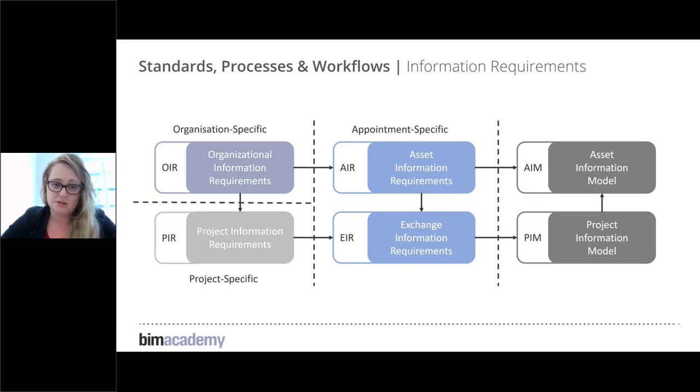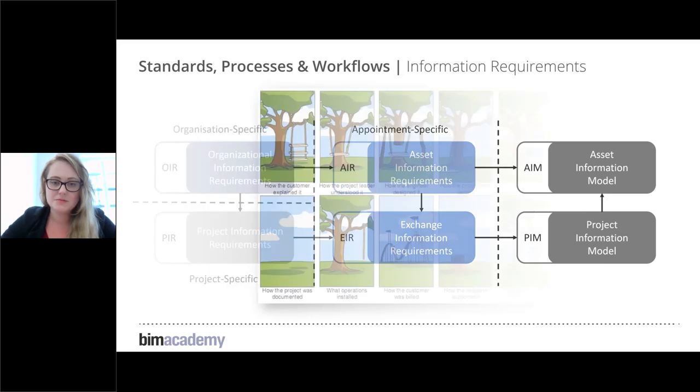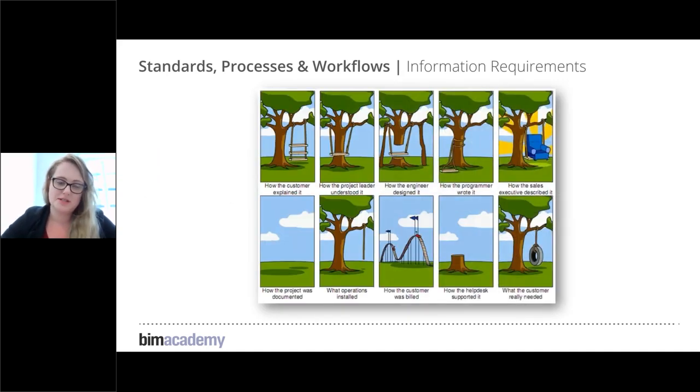And it's our job as information managers to help the client define their information requirements so that the delivery team know exactly what they're providing via information models and via the geometric and non-geometric data creation. The reason we do this is because we want to set out early doors, as early as possible, what the client wants in simple, plain language terms, so we avoid situations where everyone interprets the brief differently, when in reality the client is just after a tire on a rope.